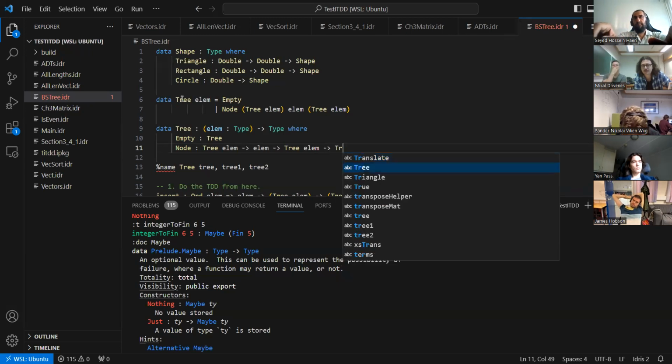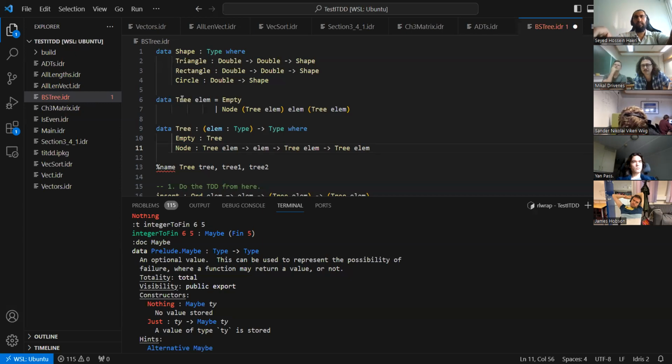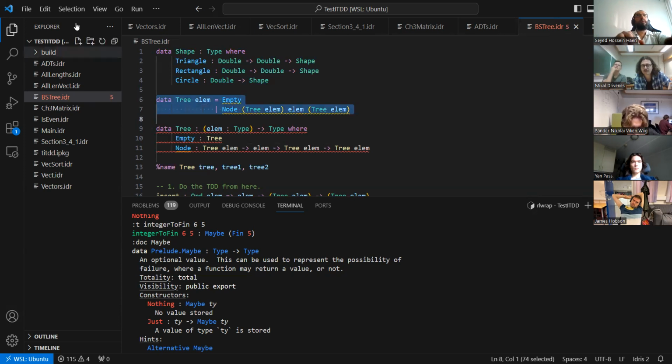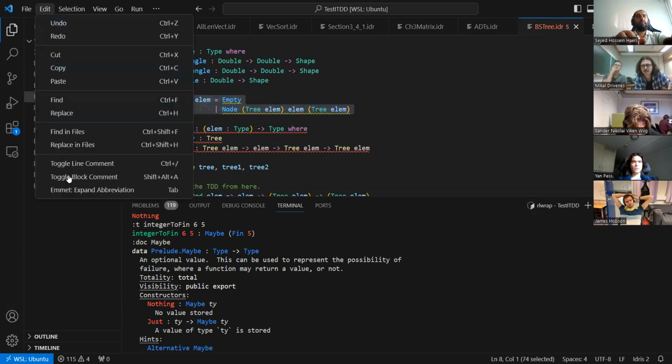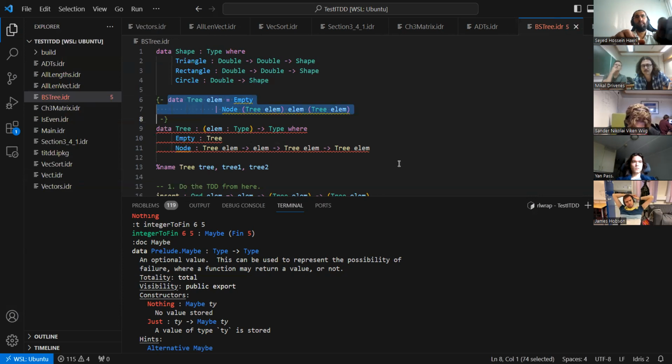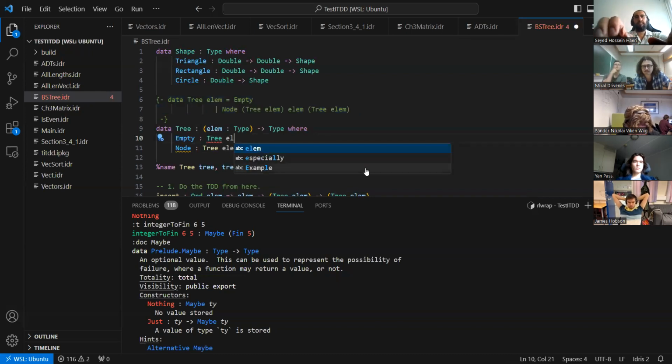I guess you have to do that on empty too. I forgot the one on the empty as well. The empty needs type elem. Very good.